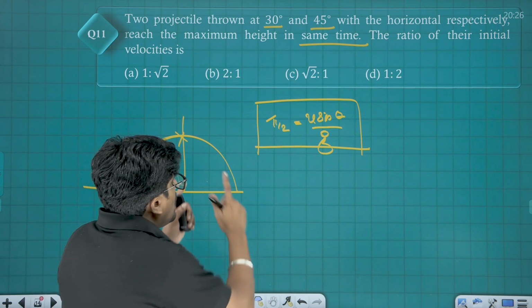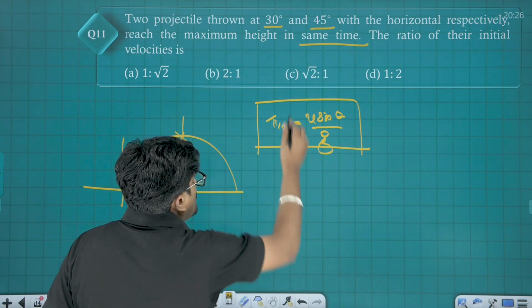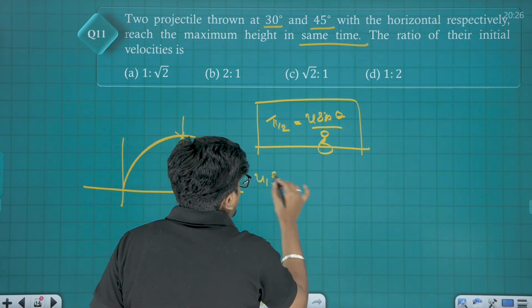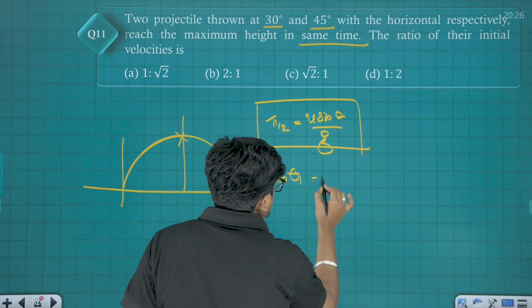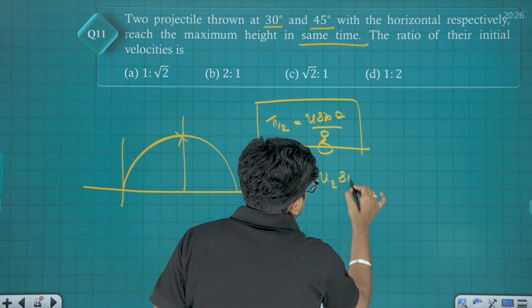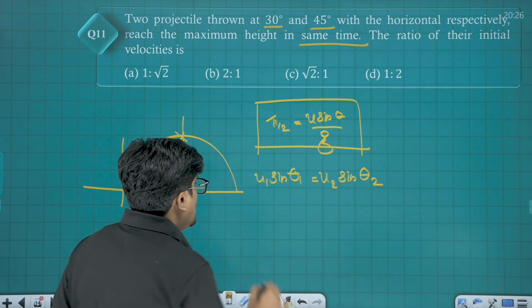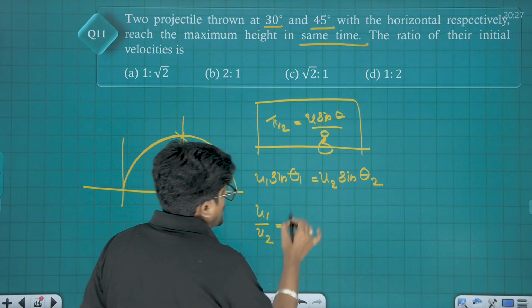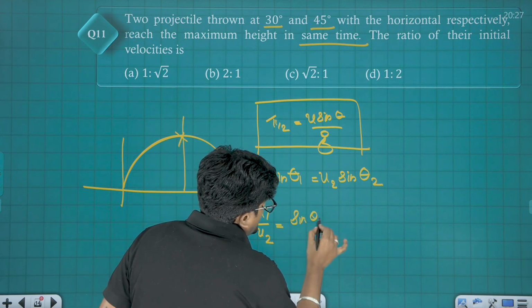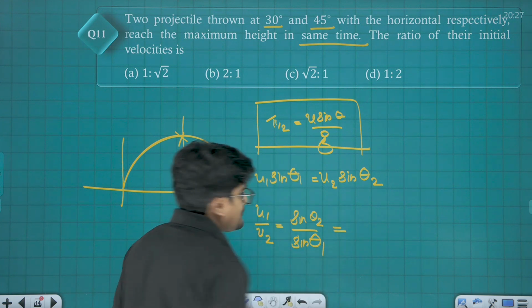Now T half of the first one is the same as T half of the second one, which means U1 into sin theta 1 is equal to U2 into sin of theta 2. Are you getting me? Now U1 upon U2 is equal to sin of theta 2 upon sin of theta 1.